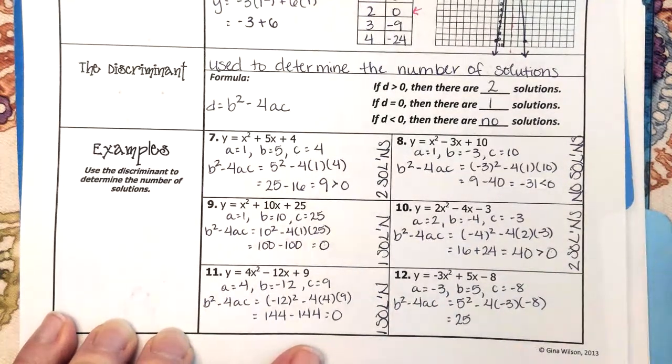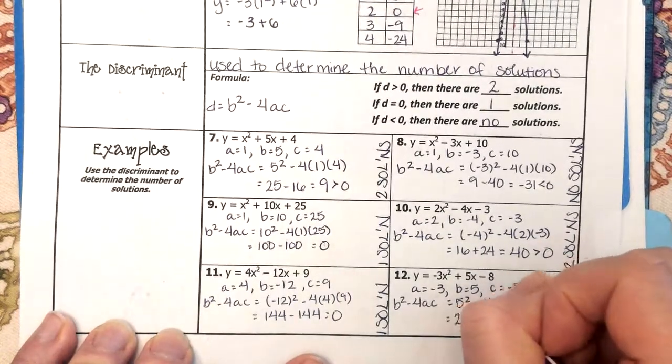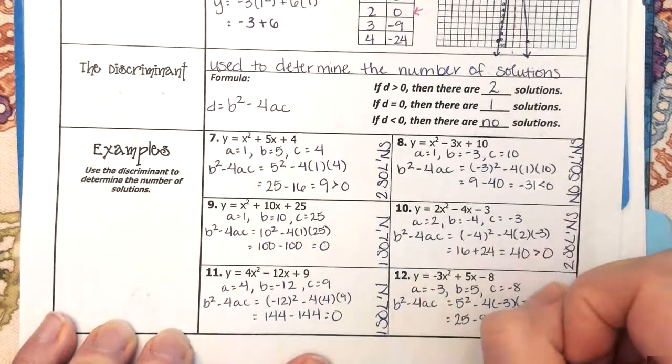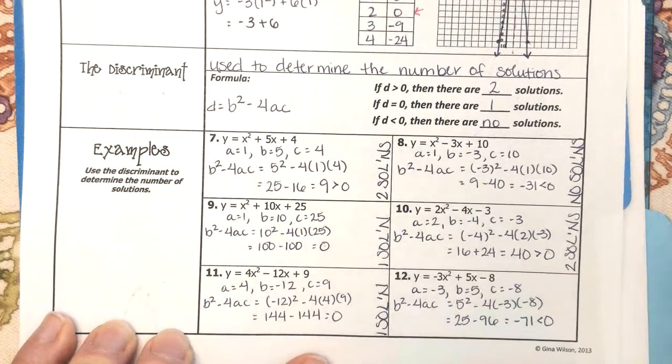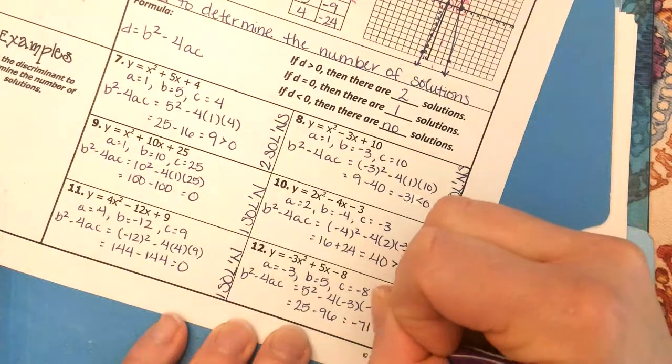Negative 4 times negative 3 is positive 12. Positive 12 times negative 8 is negative 96. 25 minus 96 is negative 71. That is less than 0, so this problem has no solutions.